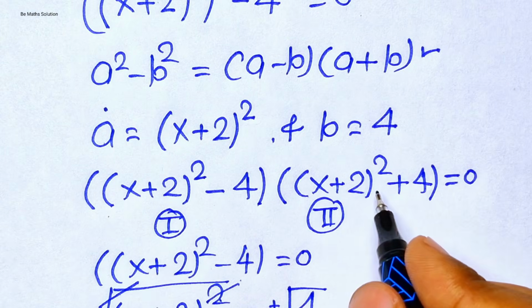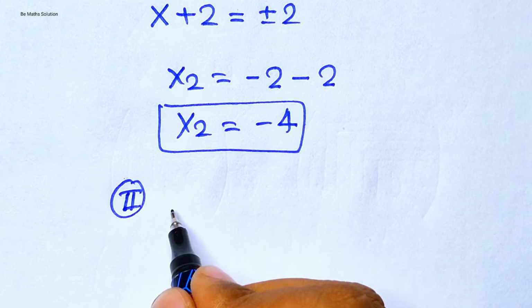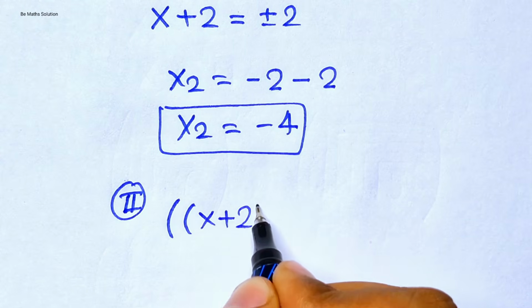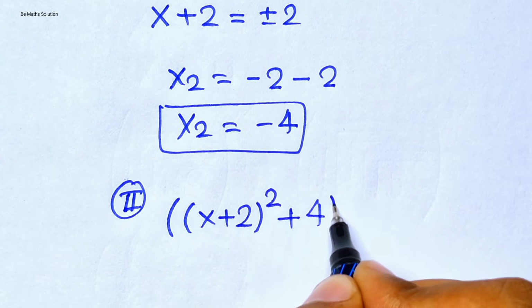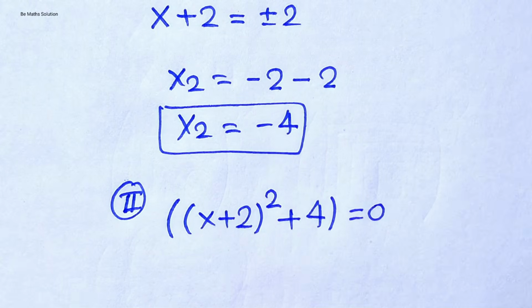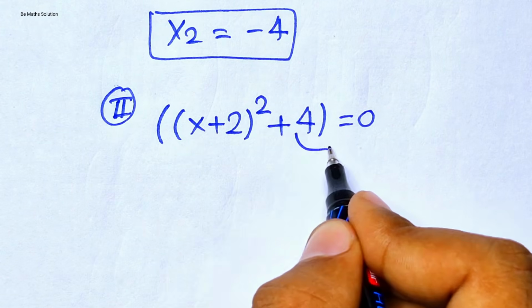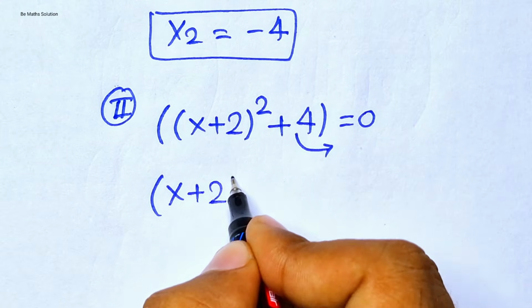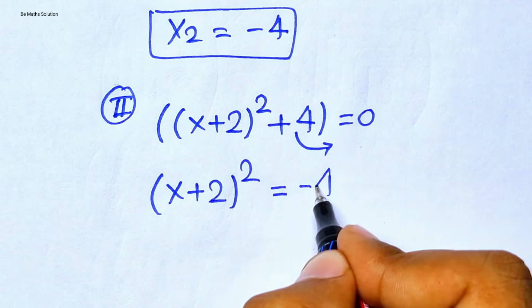Now the second equation: (x + 2)^2 + 4 = 0. Then here we take 4 to the right side. So it will be (x + 2)^2 is equal to negative 4.